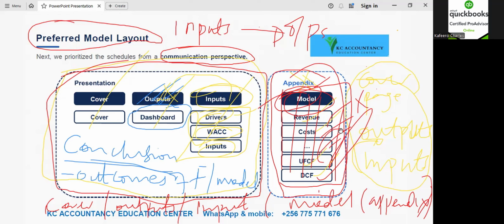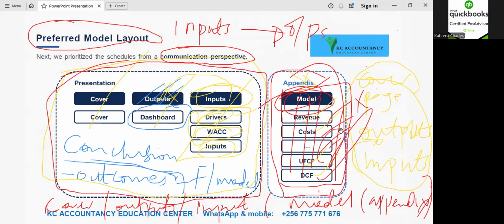Now, another way to think about how we have divided up this model is using an analogy of, let's say, the automobile industry.